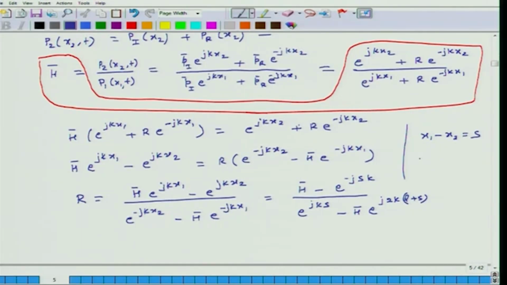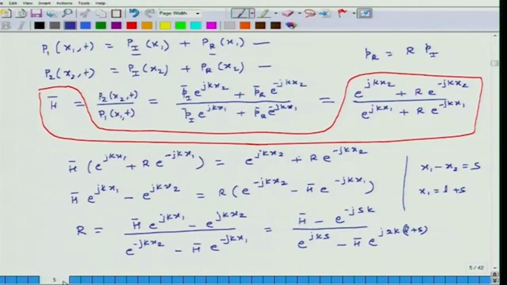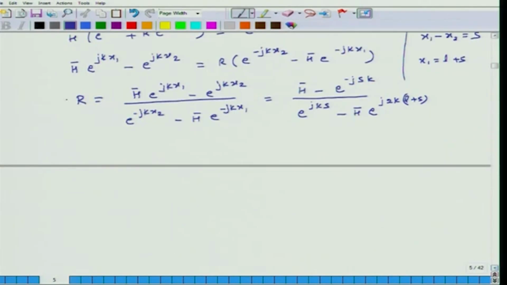So what is L plus S? x1 is equal to L plus S, which we had defined earlier. This is L, x2 is same as L. Okay, so I get this relation. So this is my final form.